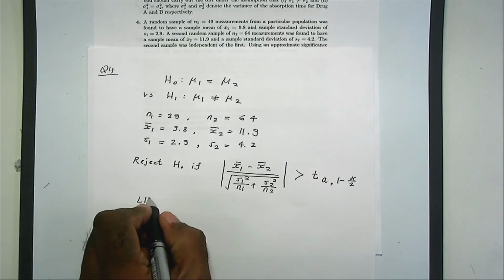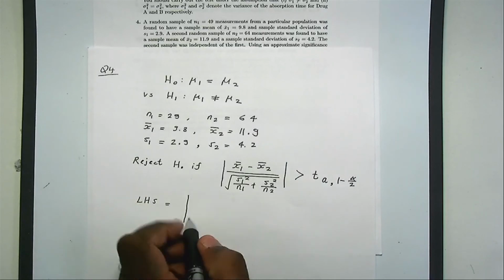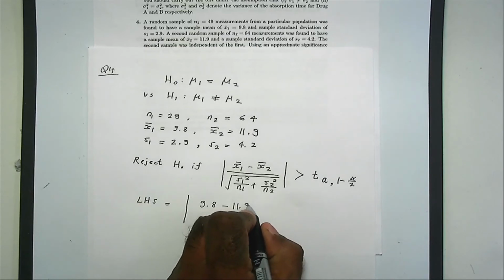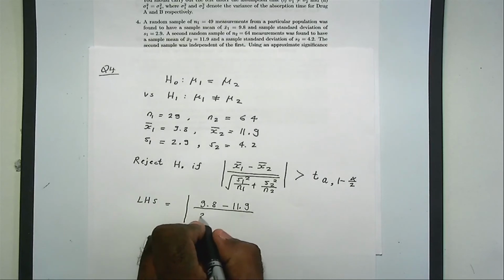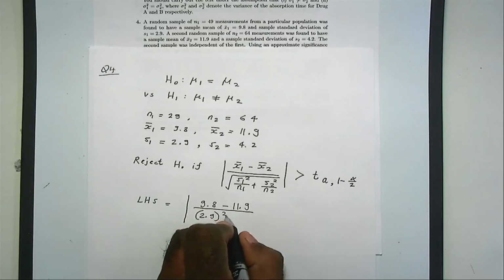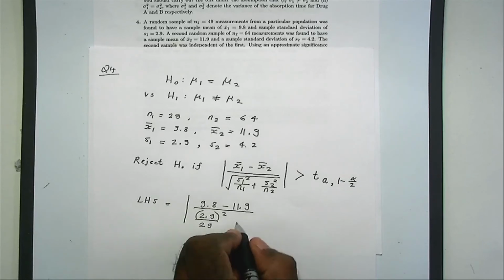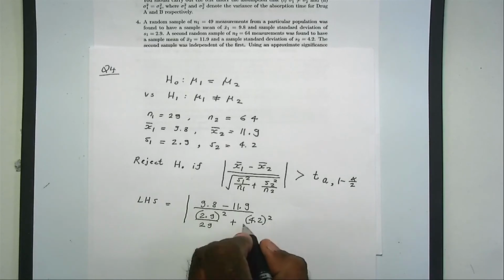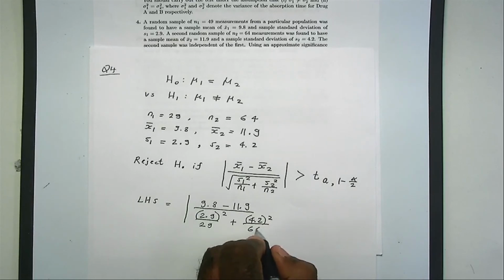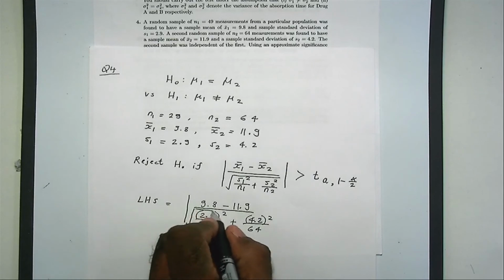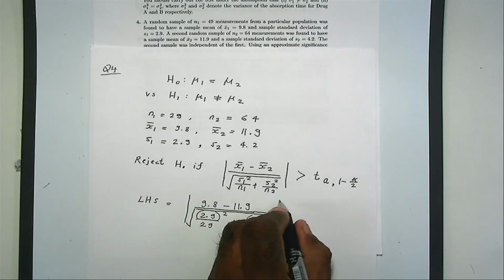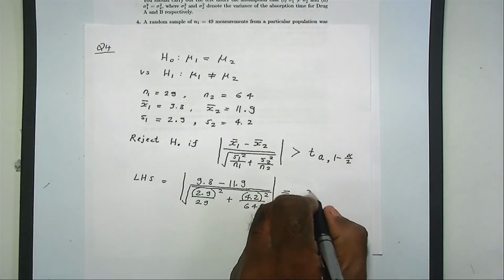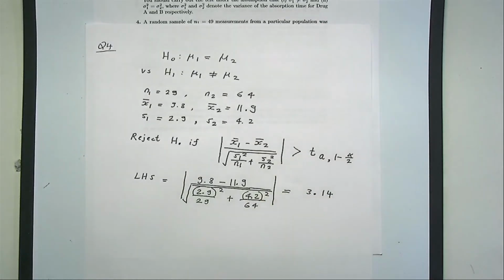The left-hand side is the absolute value of 9.8 minus 11.9 divided by... So if you have a calculator, you should be able to compute this, and it will turn out to be equal to 3.14. That's the left-hand side.